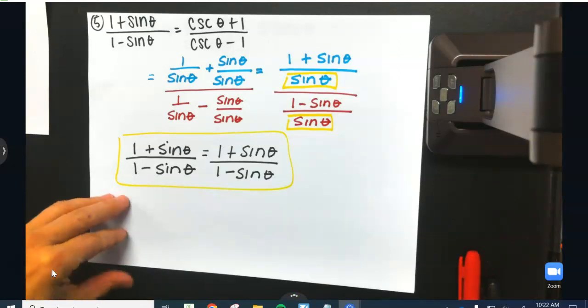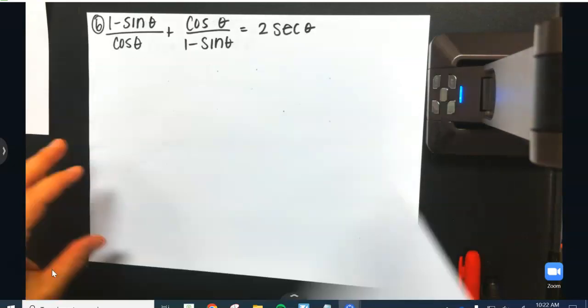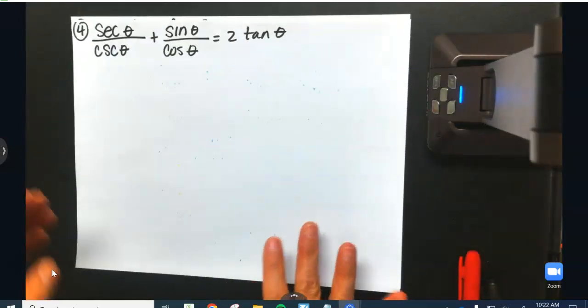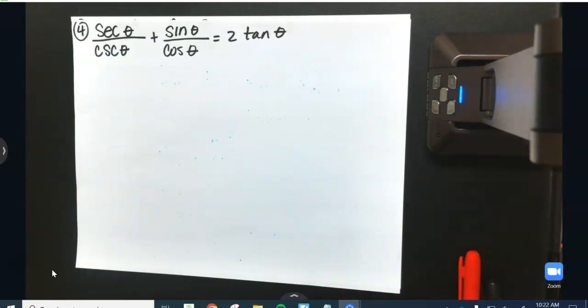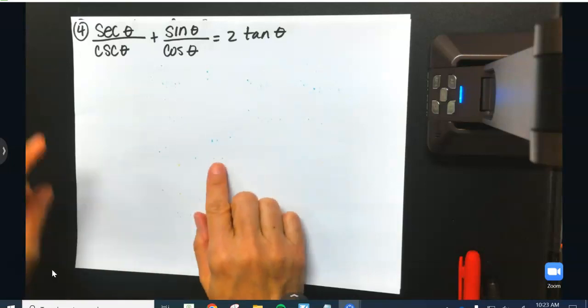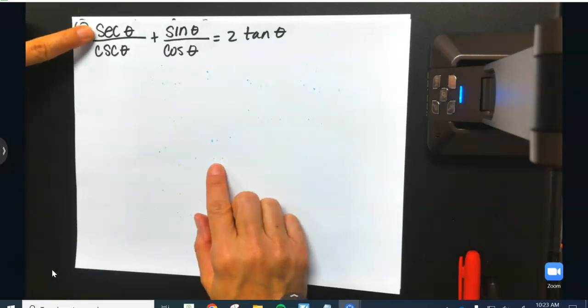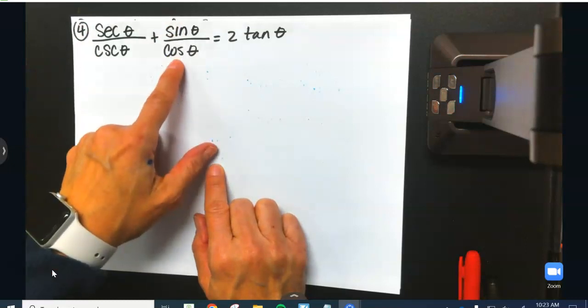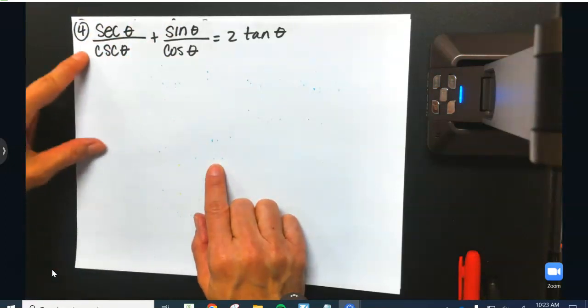Let's work backwards. Let's go ahead and look at number 4. For problem 4, we got some fractions, but we definitely know we're going to be working on the left side of the paper. I really want to combine those fractions, but I'm noticing that secant and cosecant are reciprocals.